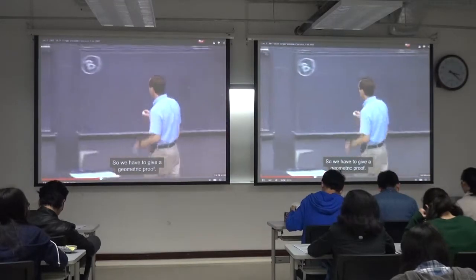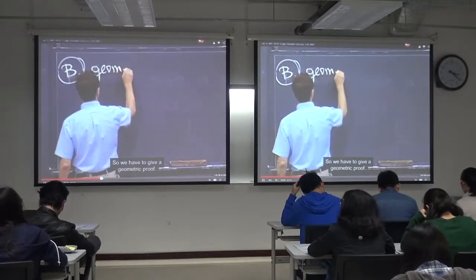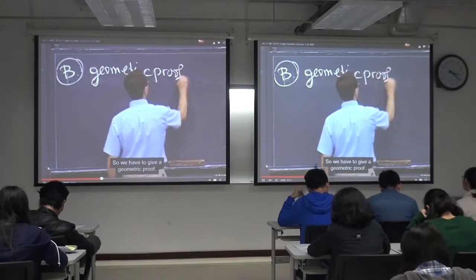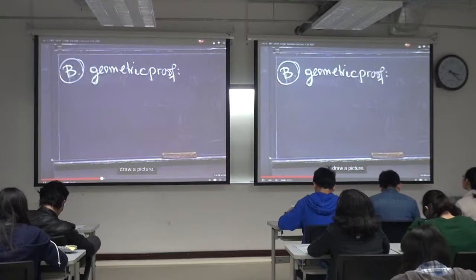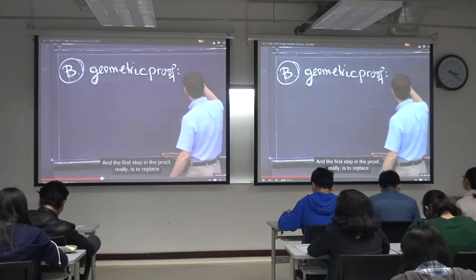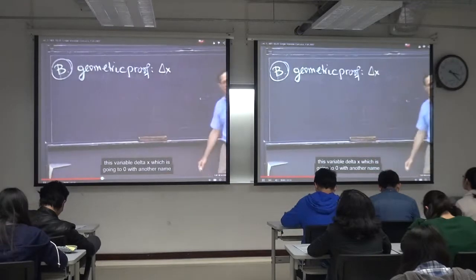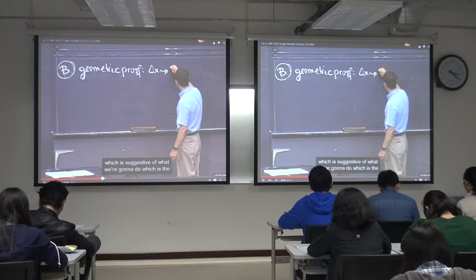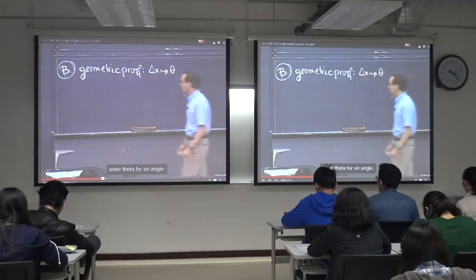So we have to give a geometric proof. And to write down a geometric proof, we have to draw a picture. And the first step in the proof really is to replace this variable delta x, which is going to 0, with another name which is suggestive of what we're going to do, which is the letter theta, for an angle.